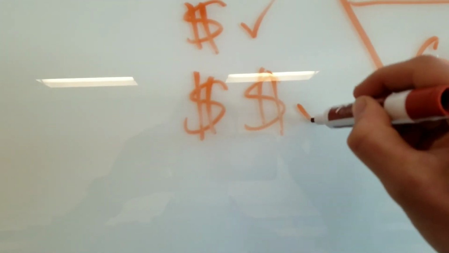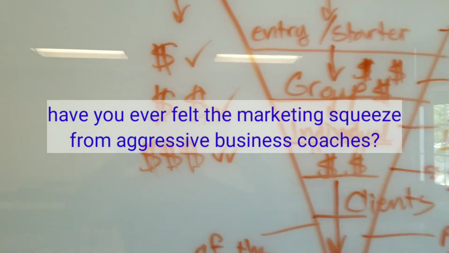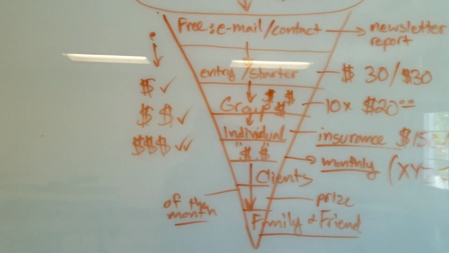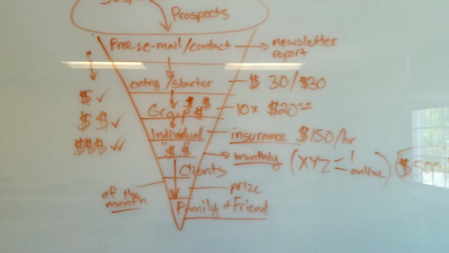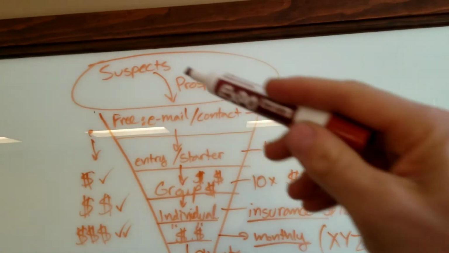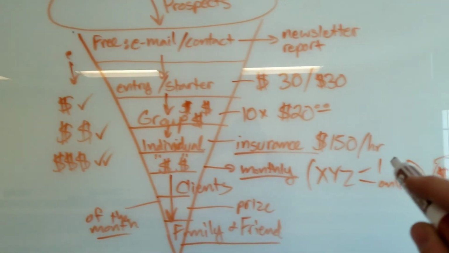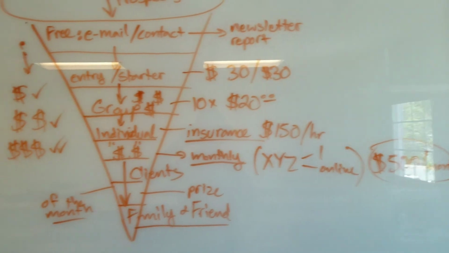Maybe here's some semi-private coaching, and then here would be like a Megamind program or whatever you're offering, as your packages get more and more expensive. That way, it's a lot easier to get somebody to jump from one level to the next than it is to get somebody who is only kind of thinking about your business to pay $500 a month or whatever you guys choose.